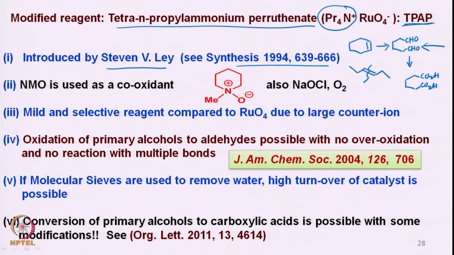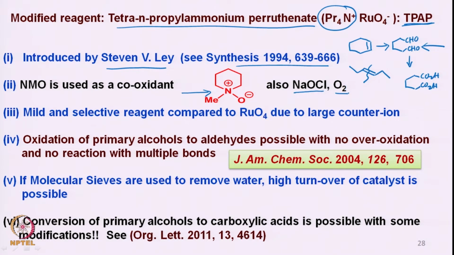In this reagent system, a co-oxidant which is also soluble in organic solvents can be used, and mostly it is NMO, that is N-methyl morpholine oxide. This is N-methyl morpholine oxide, but one can also use sodium hypochlorite or oxygen as a co-oxidant.